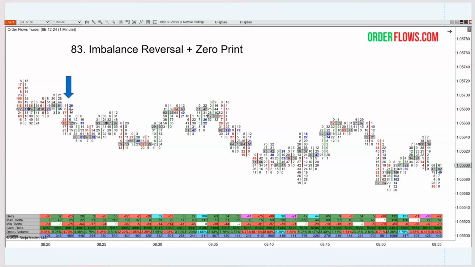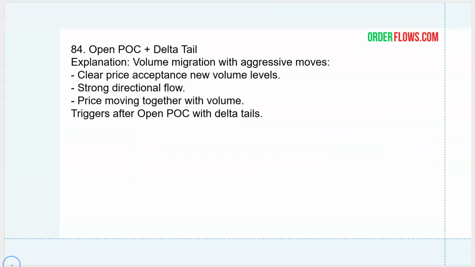And this is what I talk about with traders about the tools of order flow traders, using them together, right? 0 print and imbalance reversal. You just set up your order flow trader to highlight those instances, okay? If that's what you want to look for.